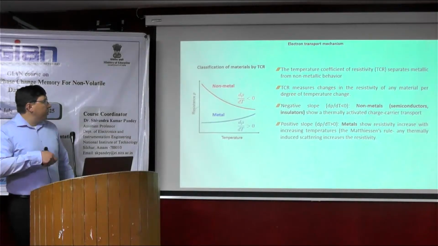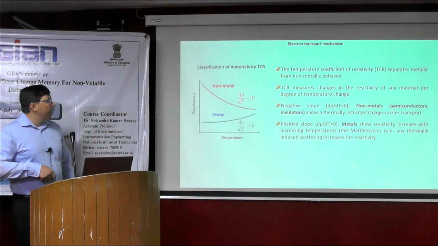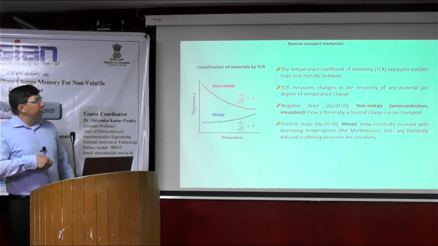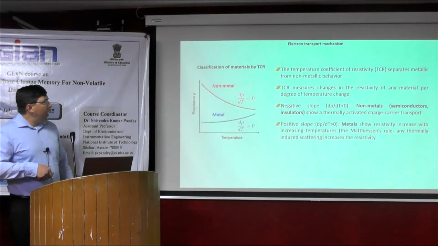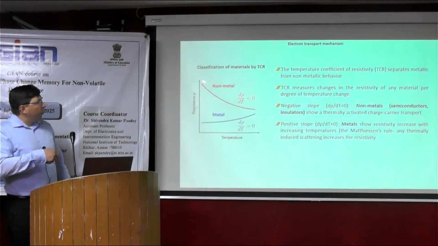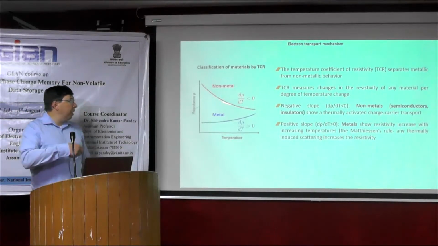You measure the resistance in dependence on the temperature, and then you look at the change in the resistivity per degree. If you find that the slope of your material is negative, then it shows non-metallic behavior.